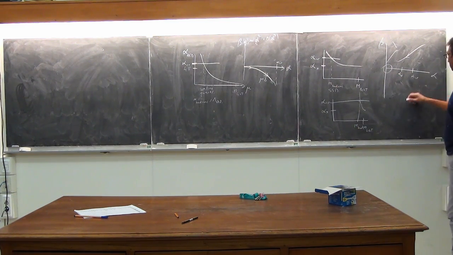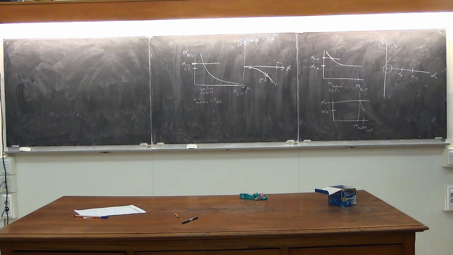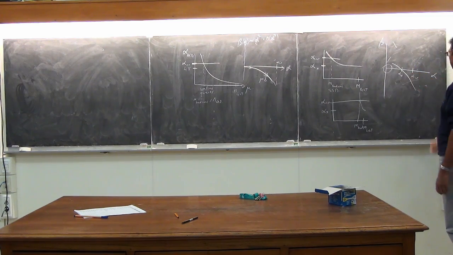And the same is true if I did this. However, one of the things that's entirely plausible in this picture is that you cross the zero axis somewhere, okay? So an entirely plausible picture is something like this. Right? That's also plausible.